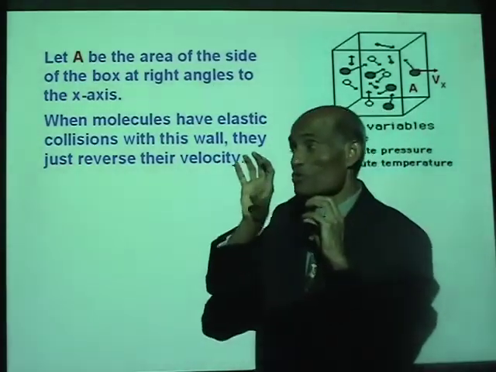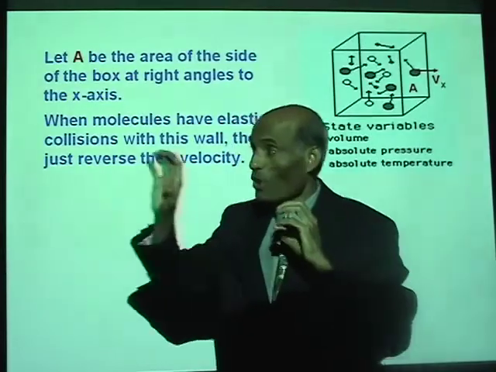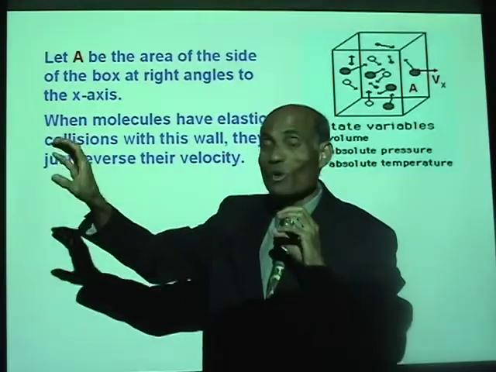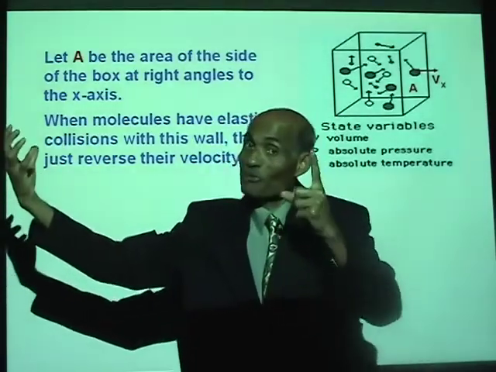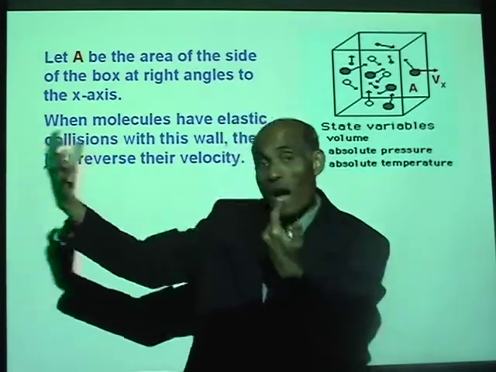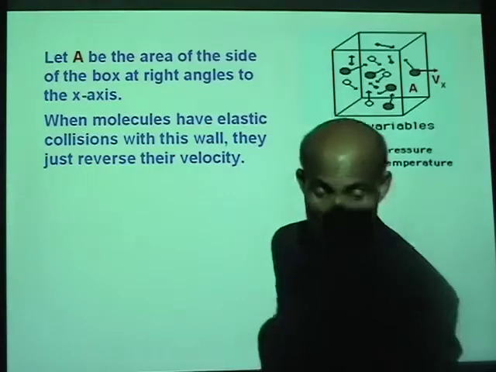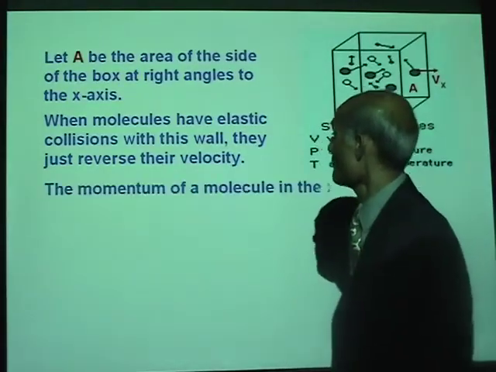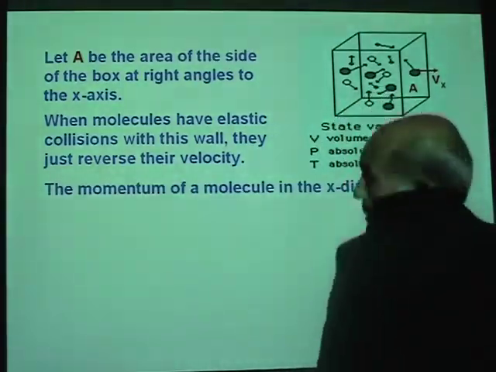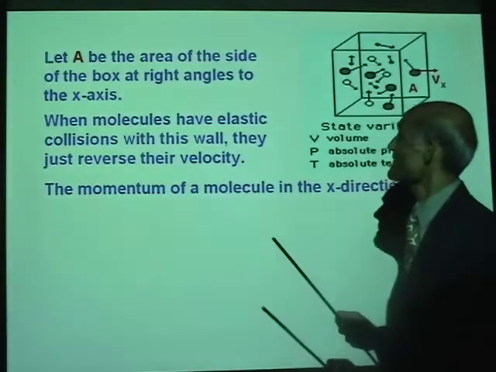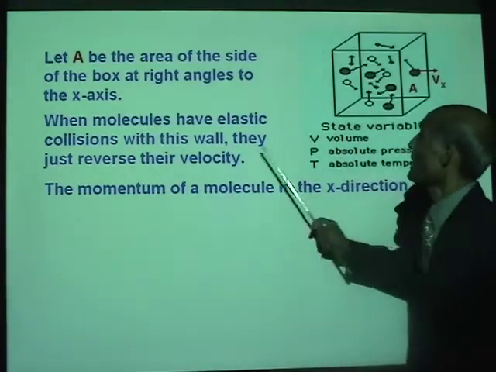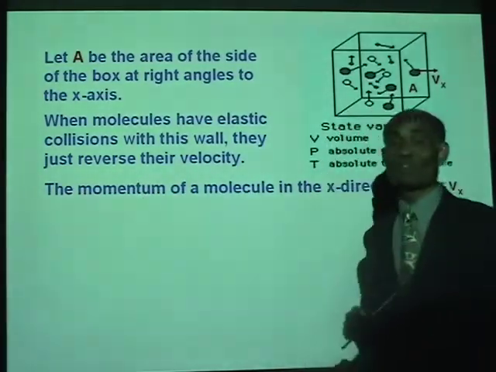And if the collision is elastic, the velocity of impact will be equal and opposite to the velocity of rebound. That's what we assume here. The molecules have elastic collisions with the wall and they just reverse their velocity.